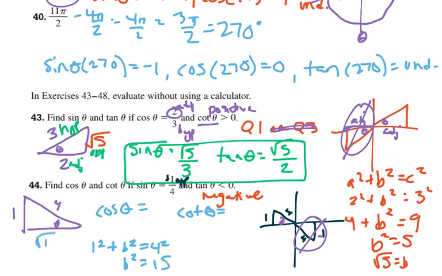So the square root of 15 is our side length there. That means if this is our opposite, and this is our hypotenuse, and this is our adjacent, that cosine is going to be square root of 15 over 4, and cotangent is going to be flipped from tangent, which is opposite over adjacent. So adjacent square root of 15 over opposite 1.